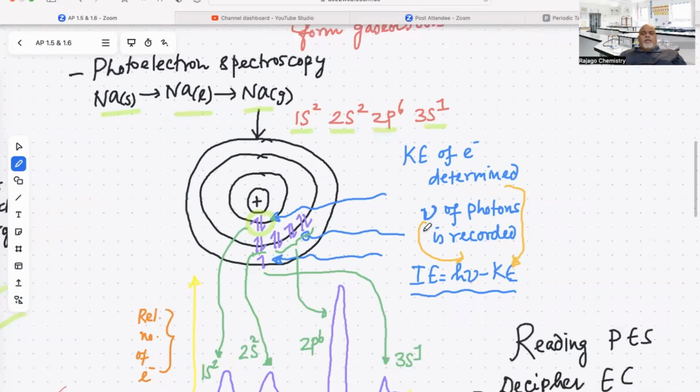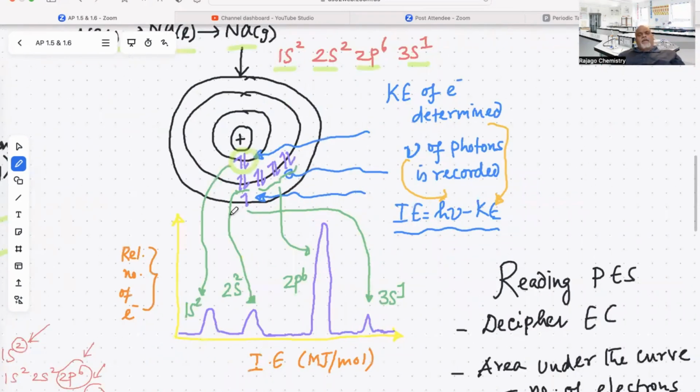Based on that, a graph is drawn of the relative number of electrons versus ionization energy, in megajoules per mole. The first electron to come out is the 3s1, followed by all 6 of the 2p electrons, and then the 2s electrons, and then the 1s2 electrons.